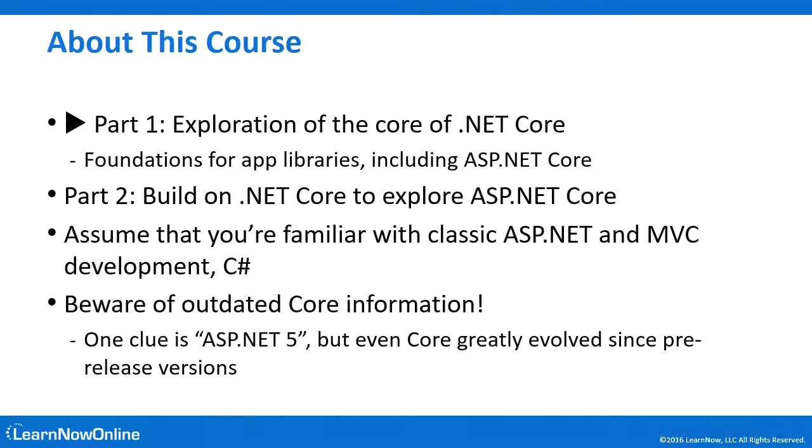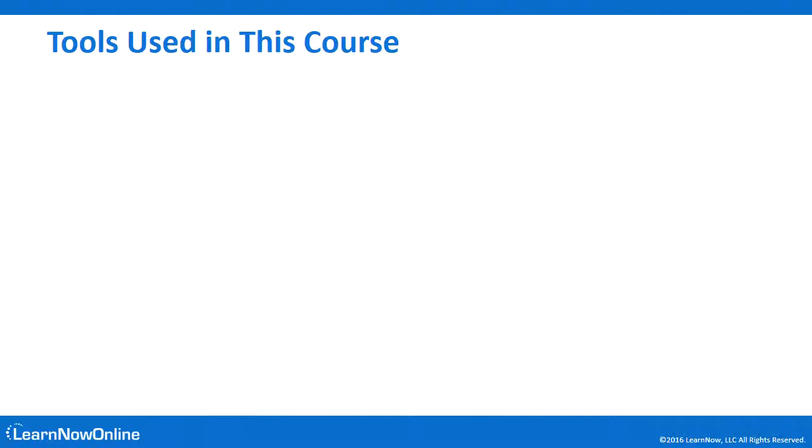And so if you come across a blog post or an article that references ASP.NET 5, other than to maybe say the technology formerly known as ASP.NET 5, that article probably is not going to apply to what was actually released. Okay, so just be aware of that caveat as you're looking at other information. Going forward, the technology is called .NET Core and ASP.NET Core, and that, of course, is what I'll be calling it in this course.